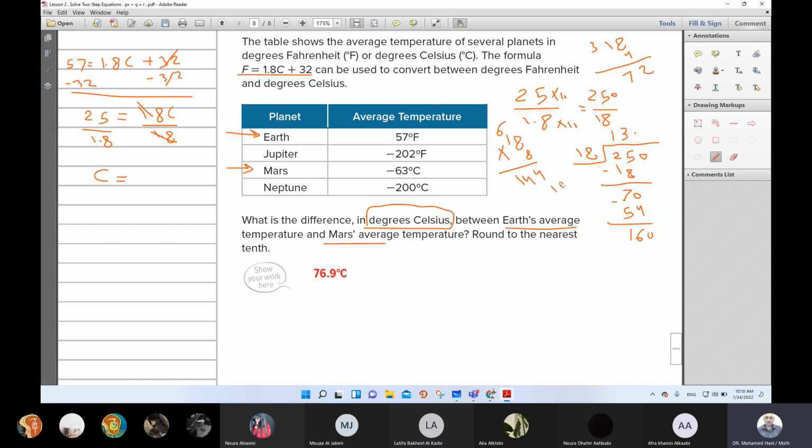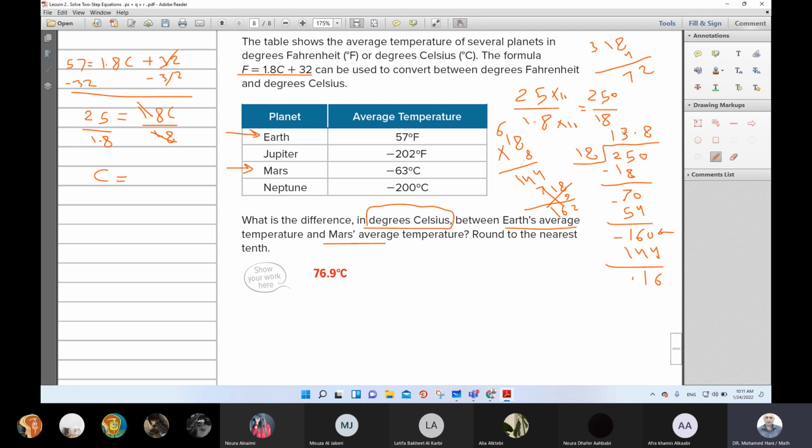If you try 9, 9 times 18 is 162, which is greater, so this is not suitable. So take 8, which gives 144. 160 minus 144 is 16, the same number again.